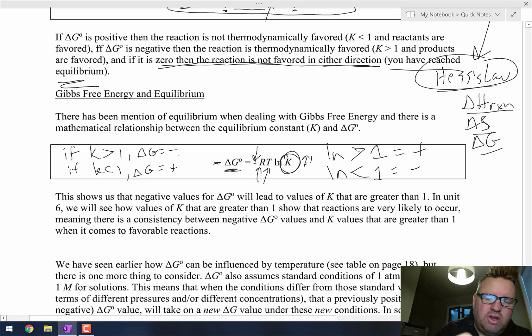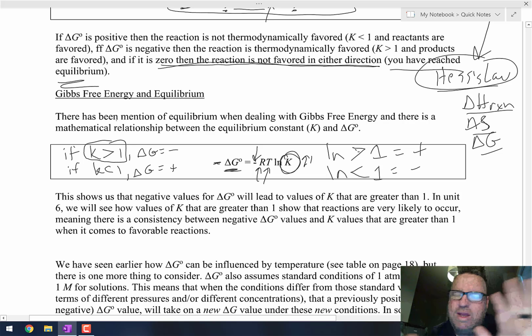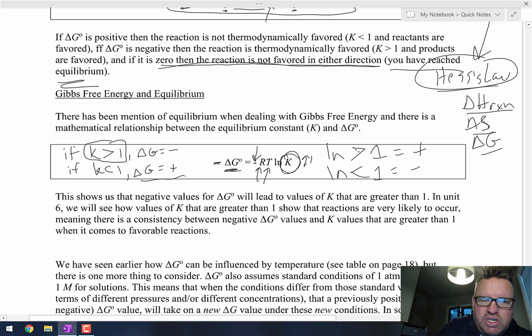So what does that tell you? It tells you that when it's thermodynamically favorable, the equilibrium constant is greater than 1. And again, don't worry about what the equilibrium constant means yet. When delta G is positive, that means the equilibrium constant is less than 1. And that's really all you need to know about that.